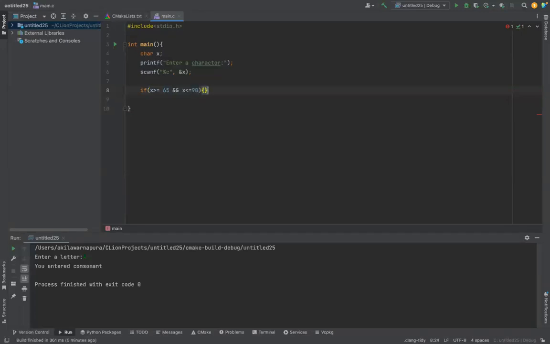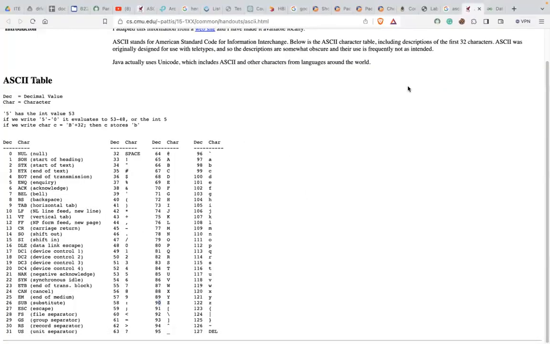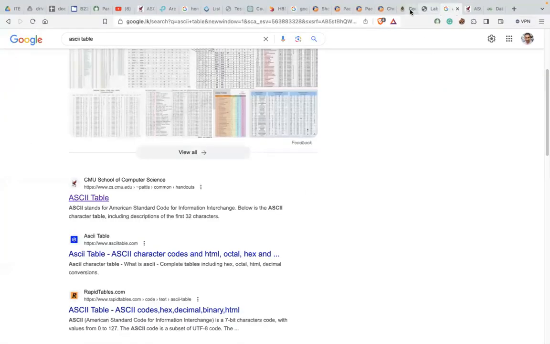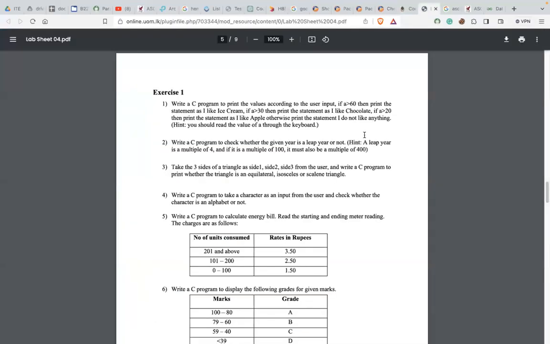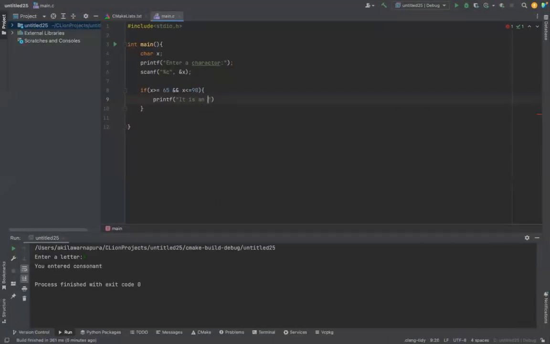Let's check only the capital letters. Then printf, it is an alphabet. It asks for the alphabet, no? Not the vowels, no? It asks for the alphabet.